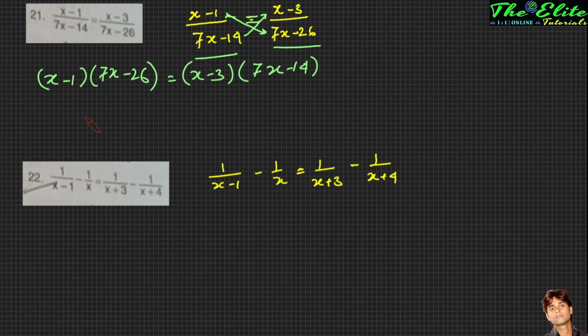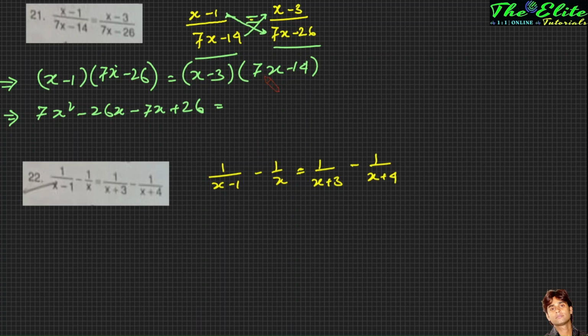For this much space I can write for you. It will give you how much? Tell me. 7x square. If you multiply to this, it will give you minus 26x. Now it is going to give you minus 7x, and then minus 1 times minus 26 gives you plus 26.